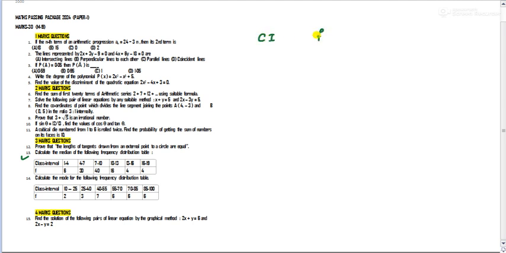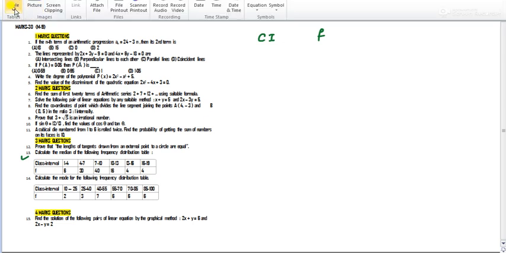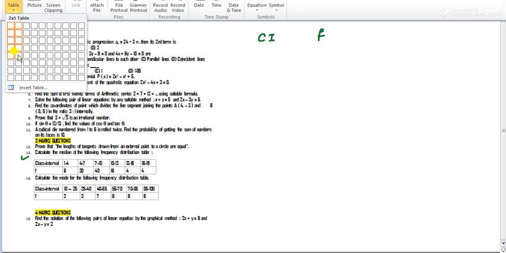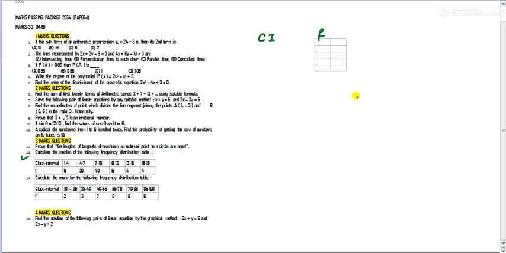CI, F. If I insert a table, it will look like this. Sorry, it's very small. Let me write on my own. CI.